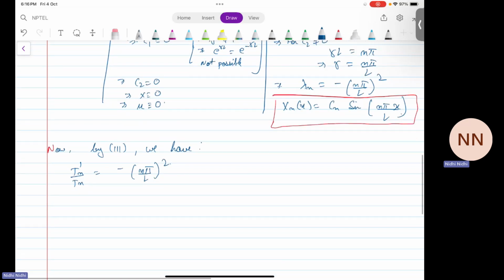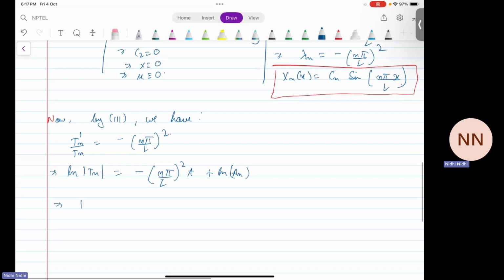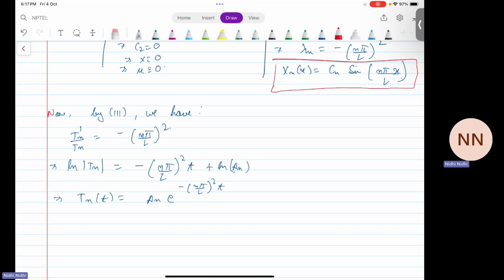Now integrating both the sides, we get ln Tn is equal to minus n pi by L square times t plus ln C. Let's write it as an. So this gives us Tn of t is equal to an times e to the power minus n pi by L square t. Now we'll be using the principle of superposition.